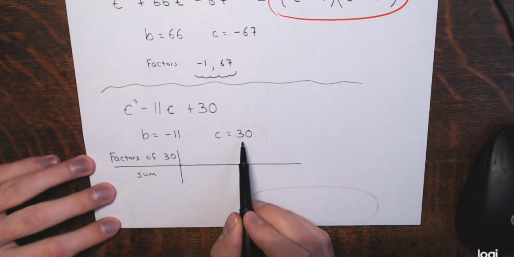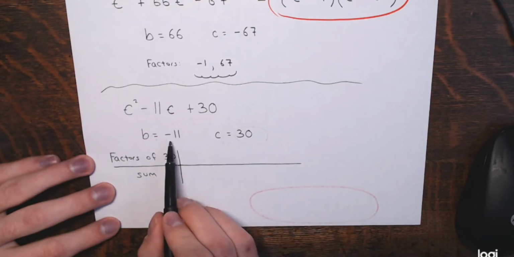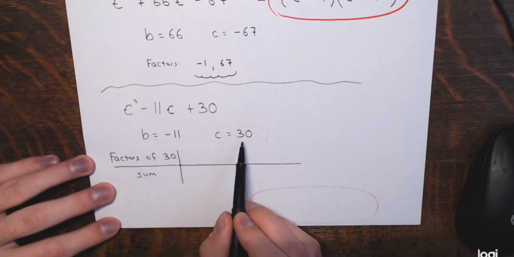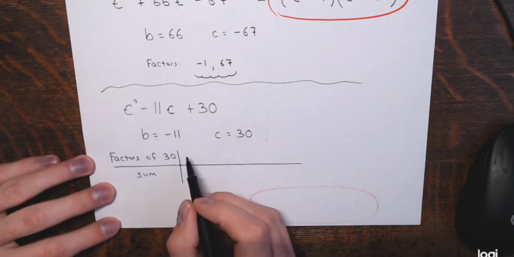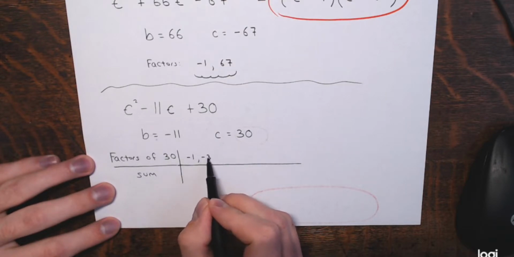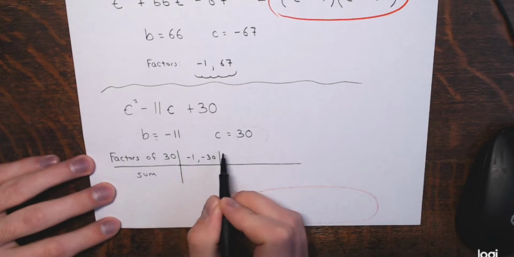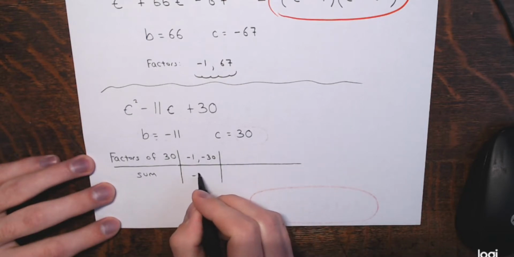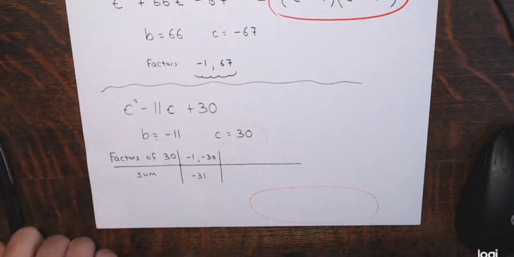So remember, this is a positive number, so the factors need to either be both positive or both negative. Now, if they're both positive, they're going to add up to a positive number, which I don't want. I want the sum of negative 11. So I'm going to use both negative factors, so negative 1 and negative 30. Those multiply to be positive 30, but they add up to be negative 31. So those aren't good.